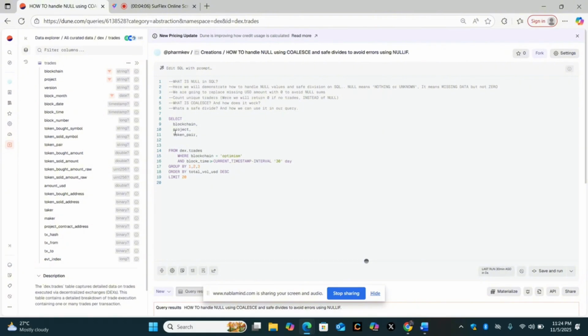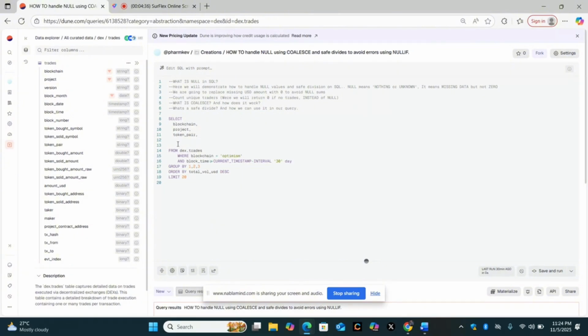So we are going to know the total USD volume, get the unique traders, and also know the average trading value. In all of this, we are going to present it using COALESCE, NULL and NULLIF, and also help us understand what safe divide is.